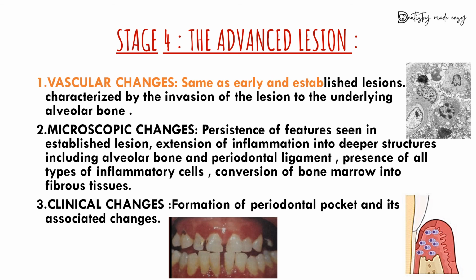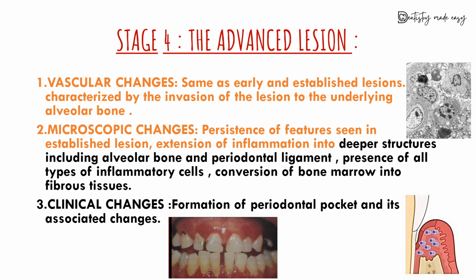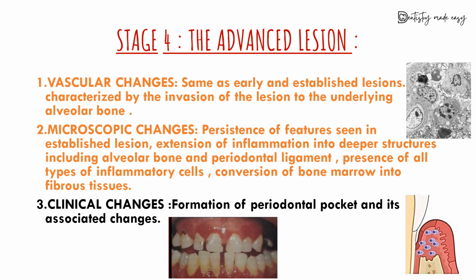In vascular changes, it is the same as the established and the early lesion, but in this there will be invasion of the lesion to the bone. Till stage 3, bone was not involved, whereas in stage 4 the alveolar bone is involved. Microscopically, the features of the established lesion persist, but now the inflammation goes deeper, involving the PDL and the alveolar bone.